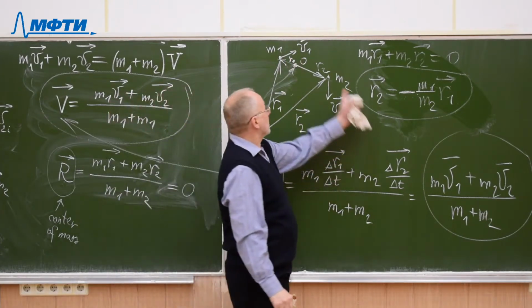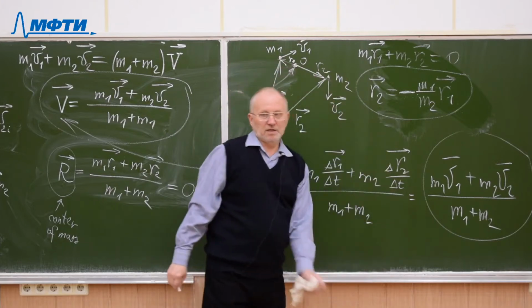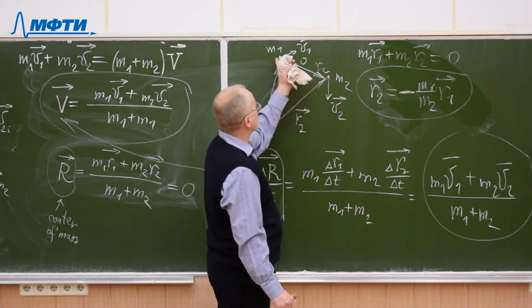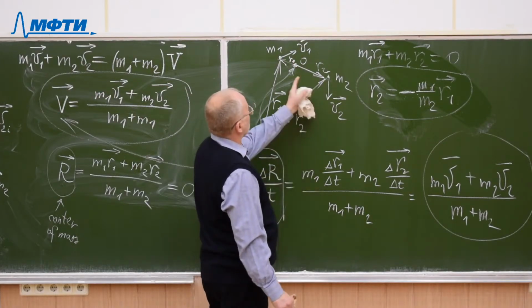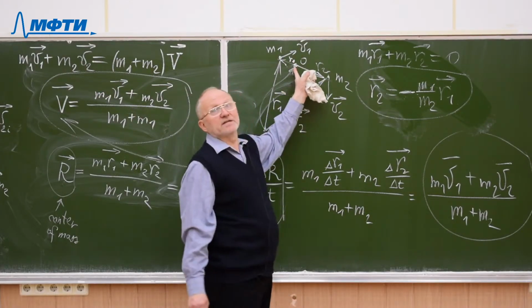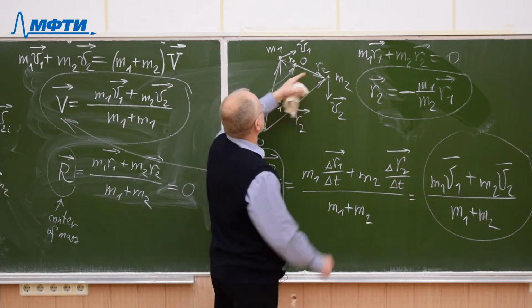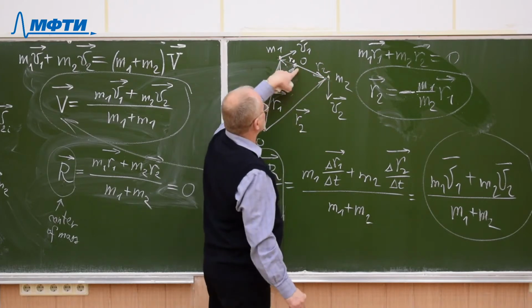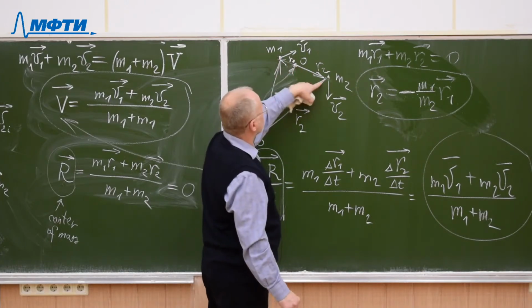It means that these two vectors are directed along the same line connecting the two particles. And therefore, the center of mass of two particles lies on the section of straight line connecting the two particles, somewhere in between them.